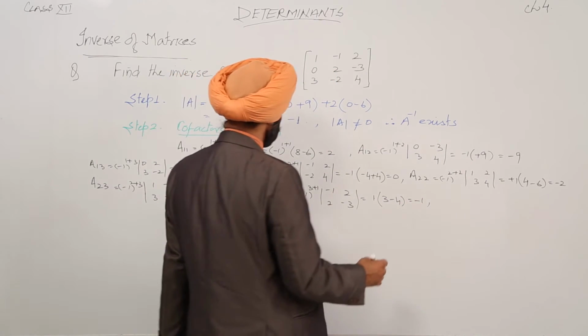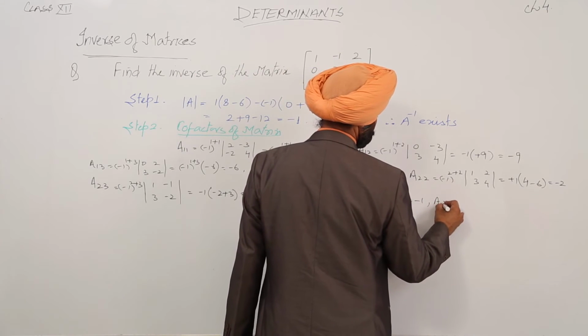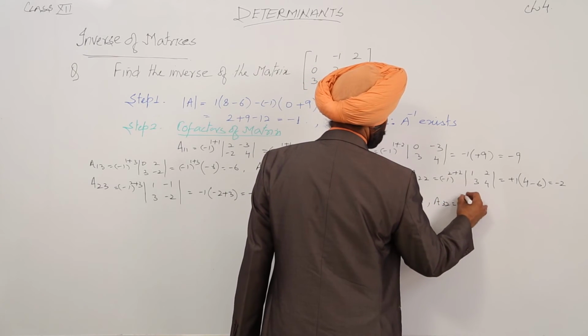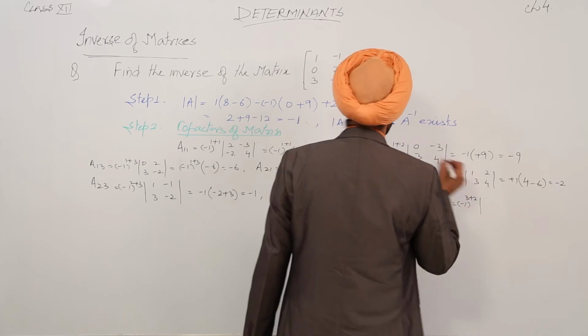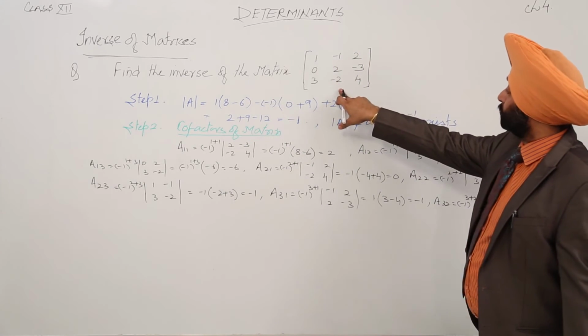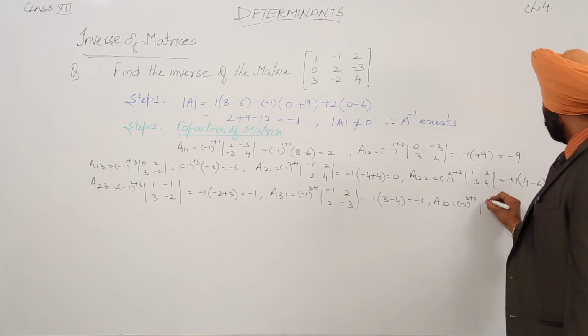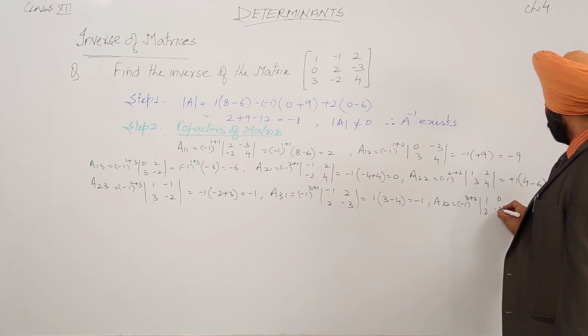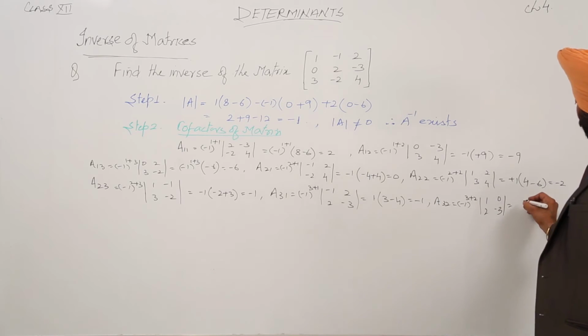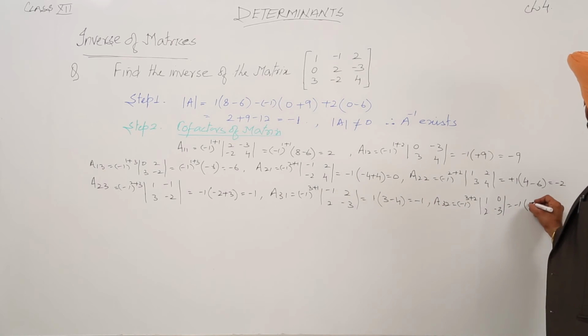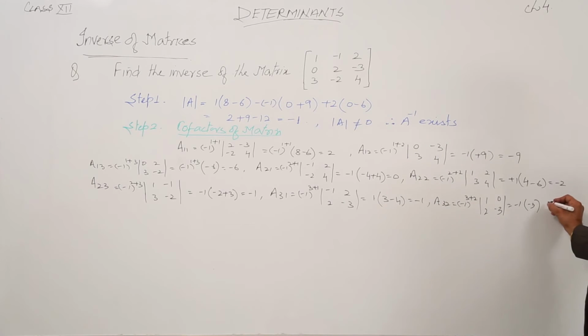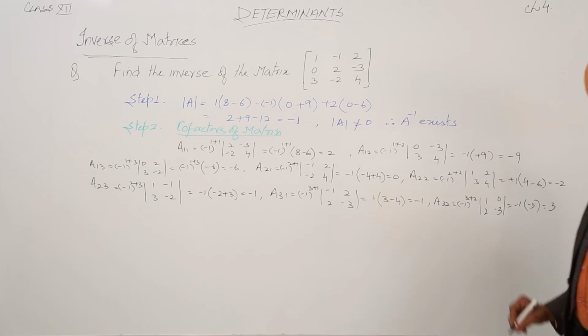Okay. Then we are having A32, minus 1 raised to power 3 plus 2 with. Now for A32, this row and this column are deleted, leaving 1, 0, 2, minus 3. Now we are having minus 1 with minus 3 and 0. So this becomes positive of 3.